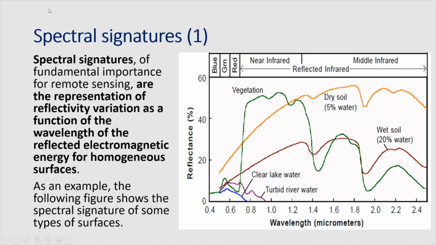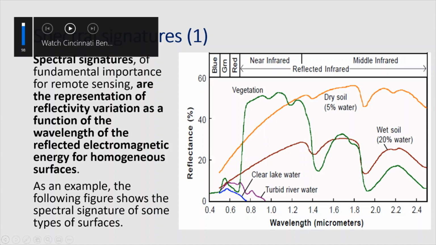This percentage could also be expressed from 0 to 1 as the reflection coefficient of the surface. In different colors we have the spectral signatures, the curves that display the behavior of the reflectivity coefficient of each surface over different wavelengths.